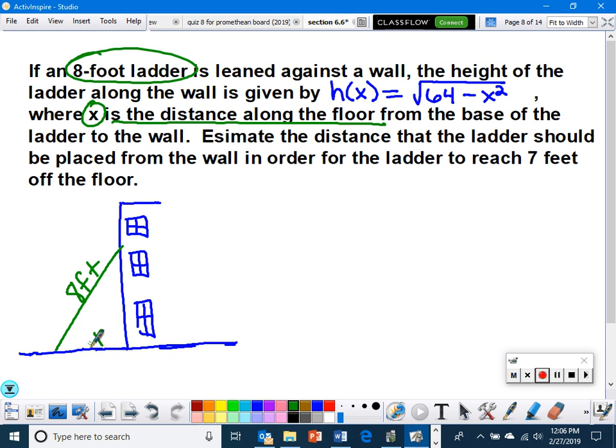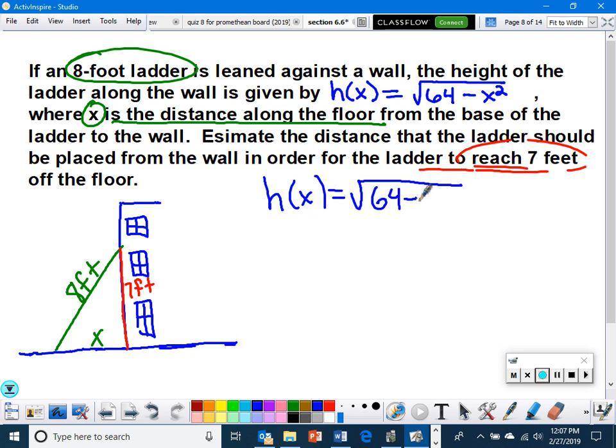We want to know, well, one more piece of information. We want to know how far away the ladder should be from the wall in order for it to reach 7 feet, so 7 feet up the wall. All right, so there is our little diagram, and our function h of x equals the square root of 64 minus x squared.